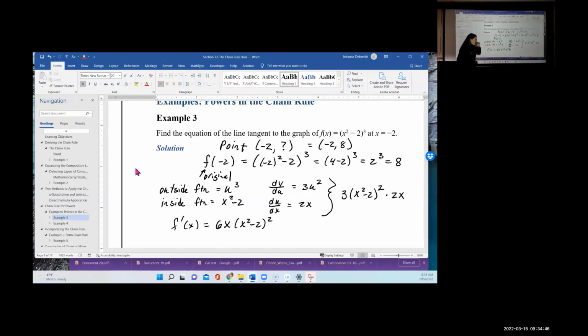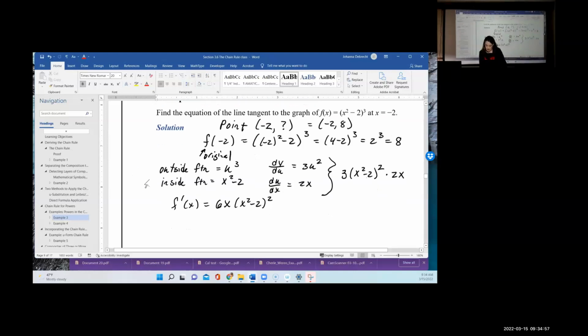All right. Now, this is a formula for the derivative at any point, but we need the derivative at -2. So the next thing we're going to do is plug in the -2 so we can find the derivative at that point. And that will give us the slope of the tangent line at the point -2, 8.